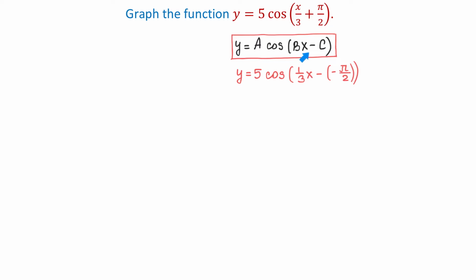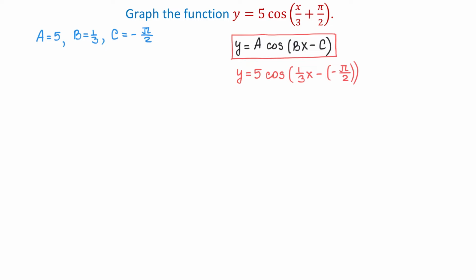And because this form has minus c, instead of plus pi over 2, I wrote minus negative pi over 2. Then we can say that c is negative pi over 2. So then again here to the left, I will write that a equals 5, b equals 1 over 3, and c equals negative pi over 2.